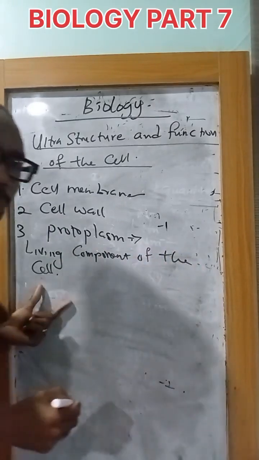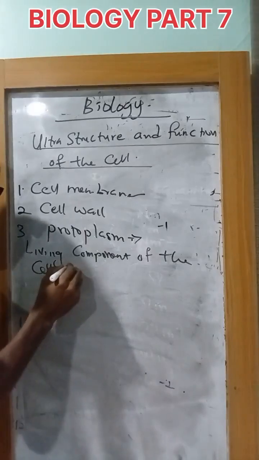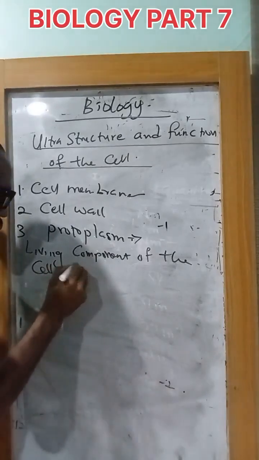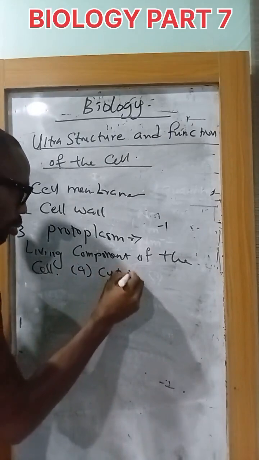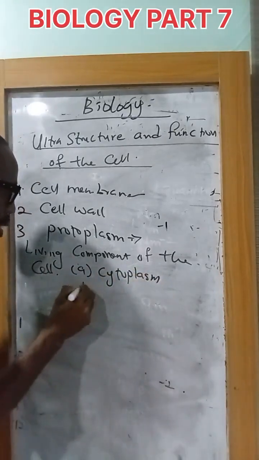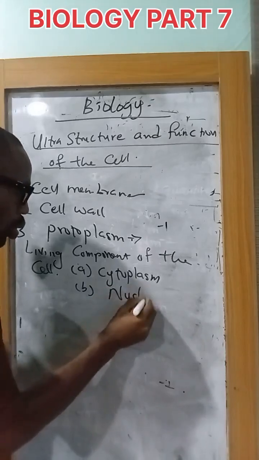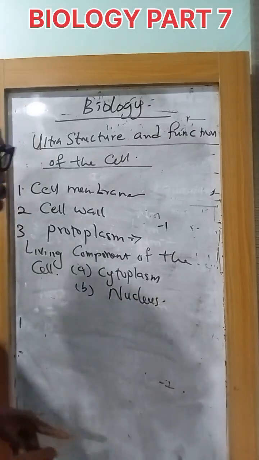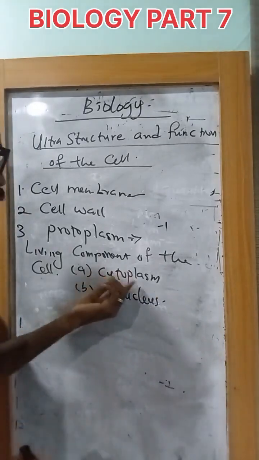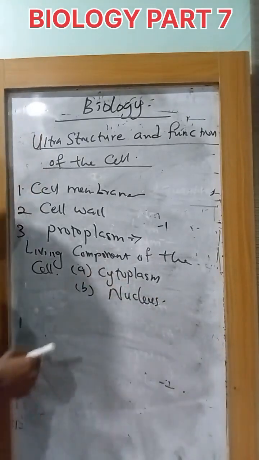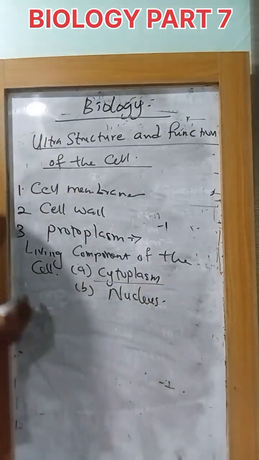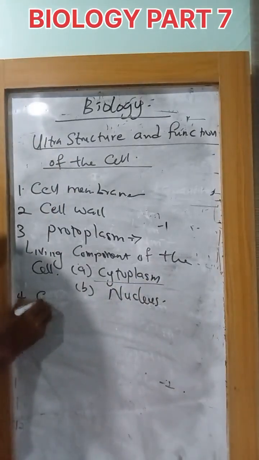And the protoplasm contains the cytoplasm and the nucleus. So in the protoplasm, you will find the cytoplasm and the nucleus. That takes us to number 4, cell structure, which is the cytoplasm.